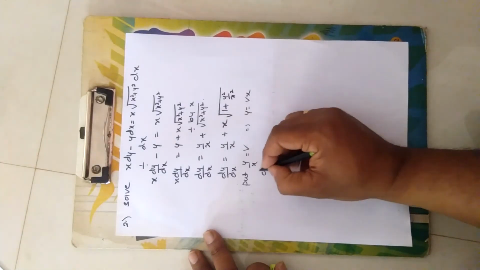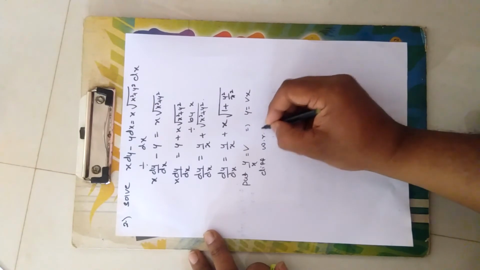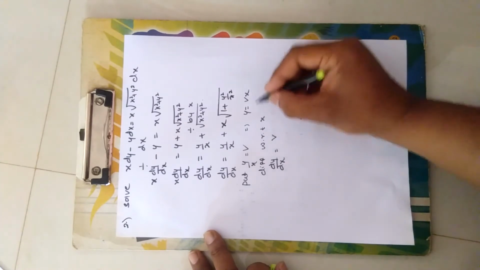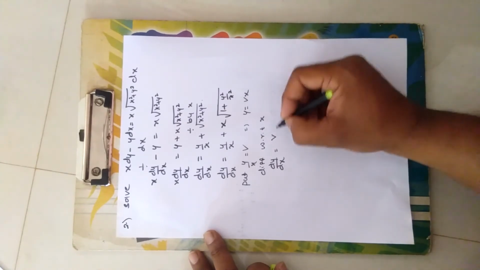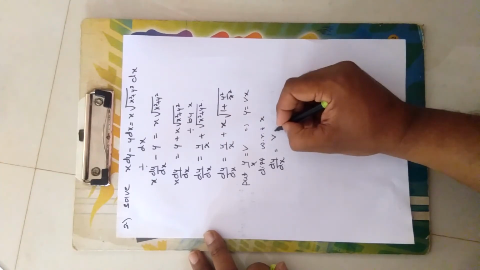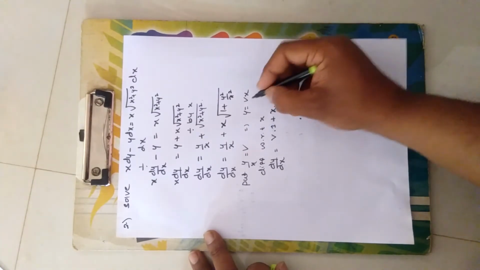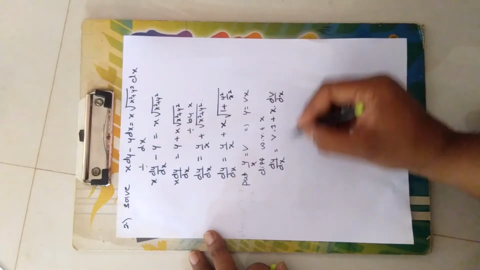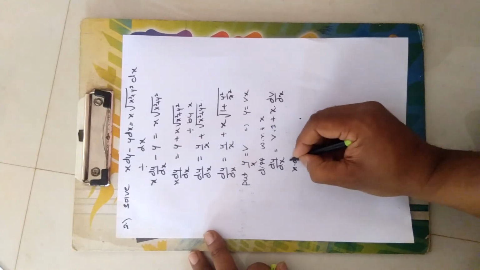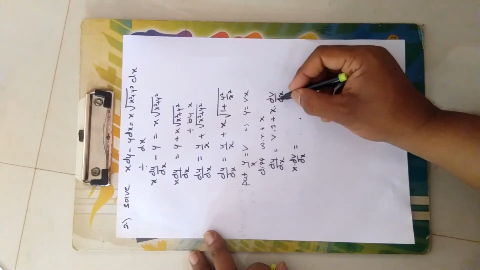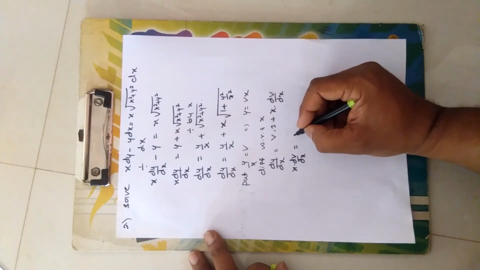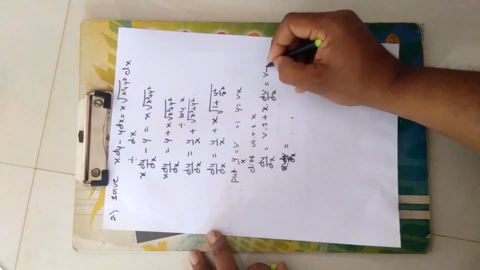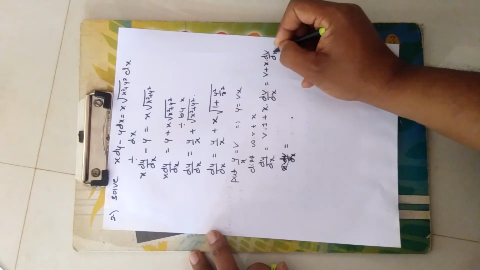Now differentiating with respect to x, apply the product rule: first function v as it is, differentiation of x with respect to x is 1, plus x as it is, differentiation of v with respect to x is dv by dx. So dy by dx is v plus x into dv by dx.